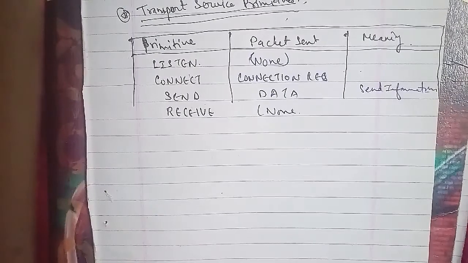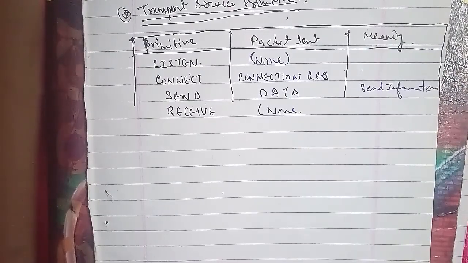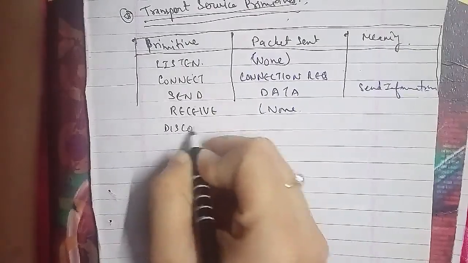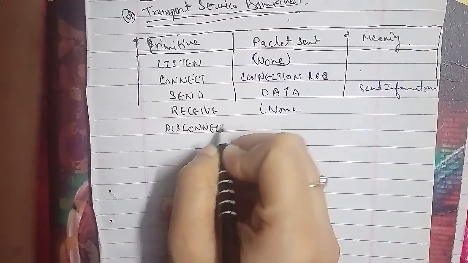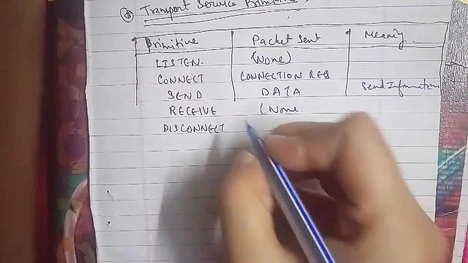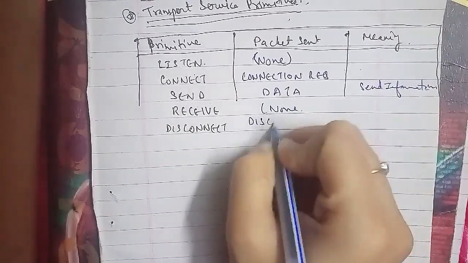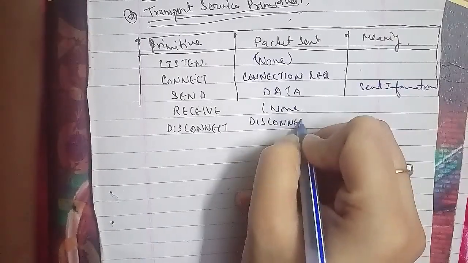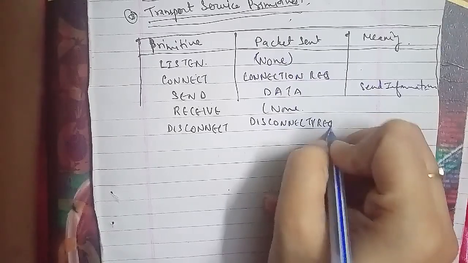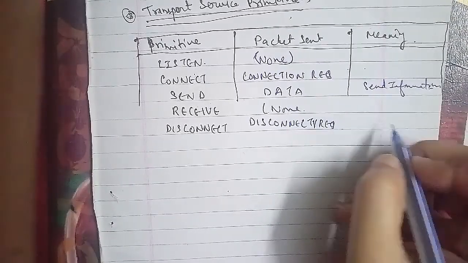When this TPDU arrives, the client is unblocked and the connection is established. TPDU stands for Transport Protocol Data Unit. Data can then be exchanged using the send and receive primitives, and when the TPDU arrives, the receiver is unblocked, processes the TPDU, and sends a reply.